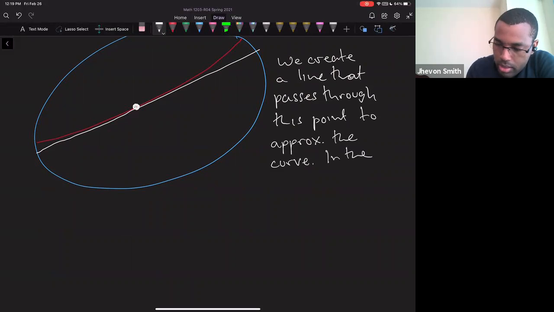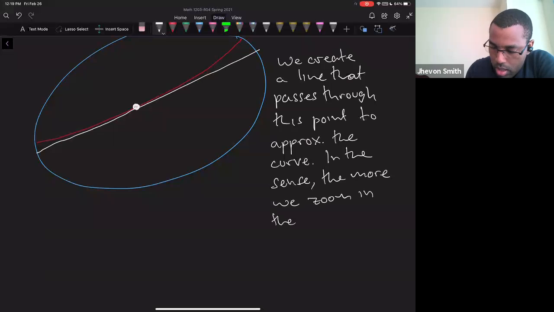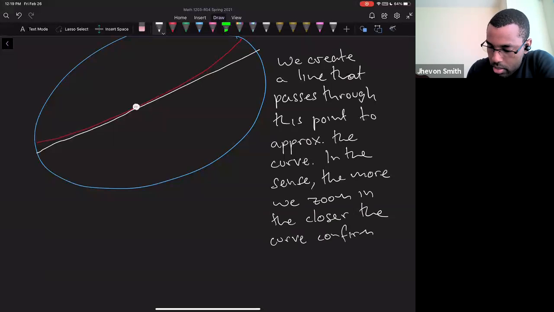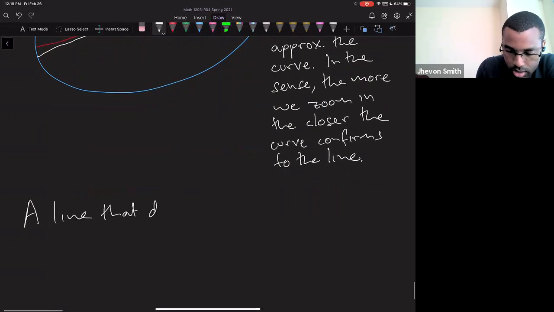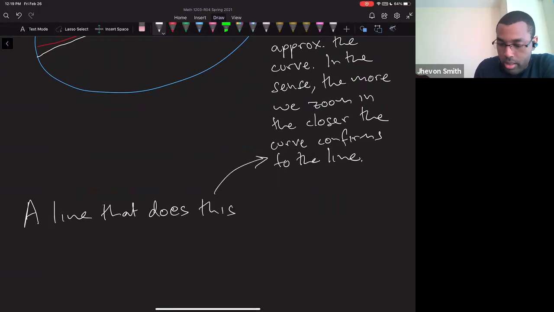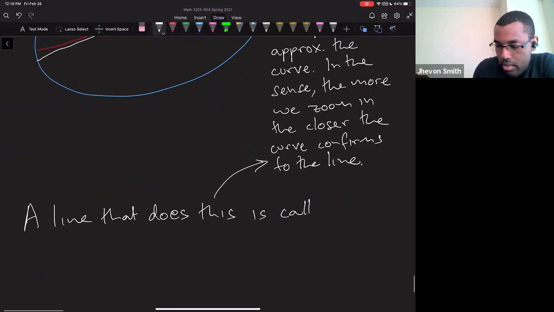In the sense that the more we zoom in, the closer the curve conforms to the line. A line that does this, that approximates the curve at a point, is called a tangent line.